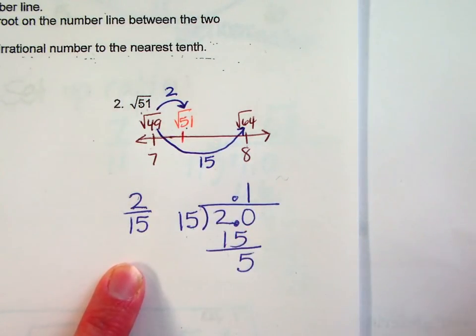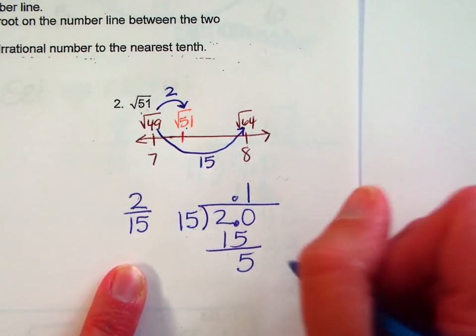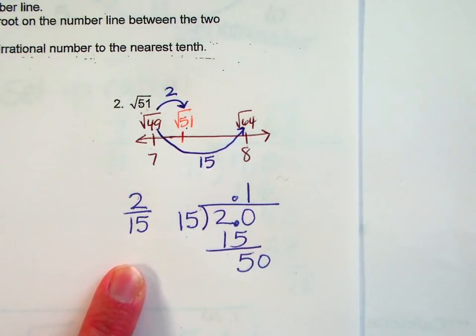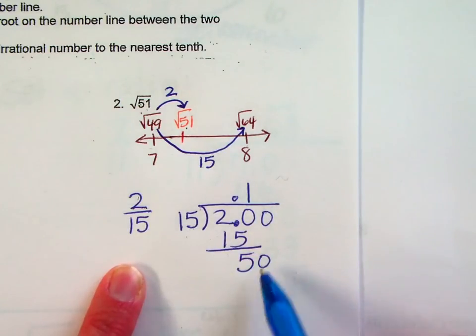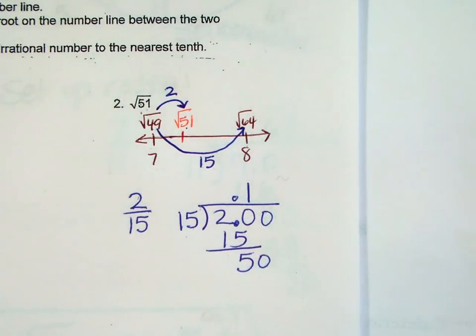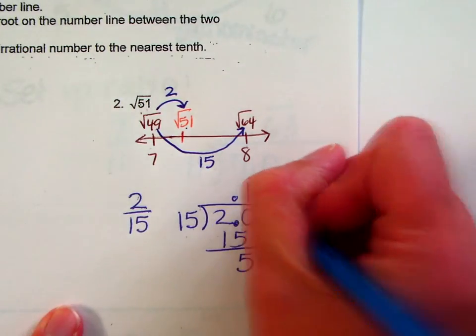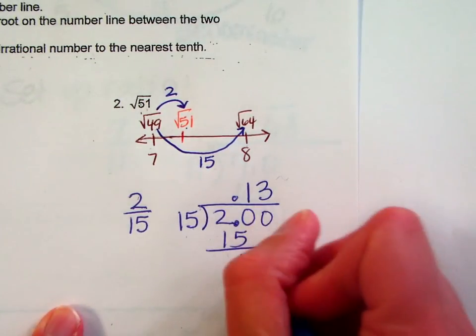Bring down that 0. So 15 will go into 50 3 times, yeah? Because that's 45. And if we subtract, we'll see. Yep, so this is another repeating one here.